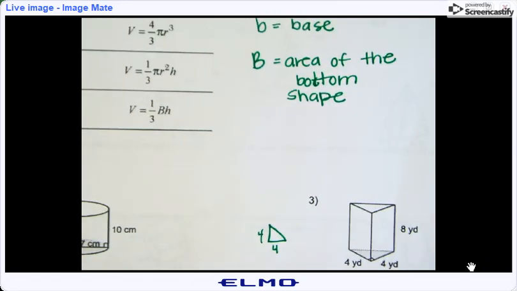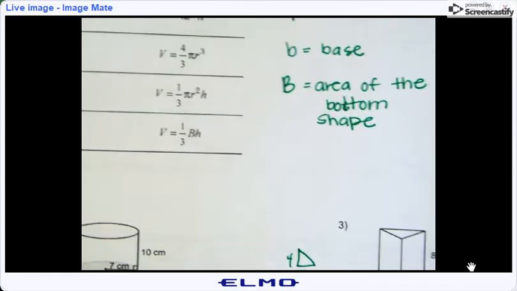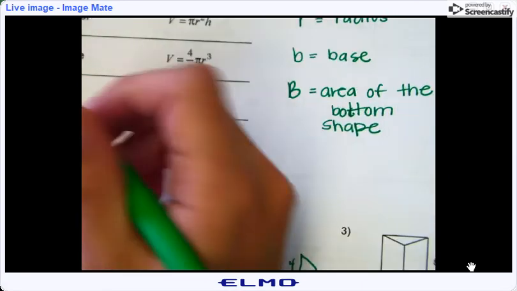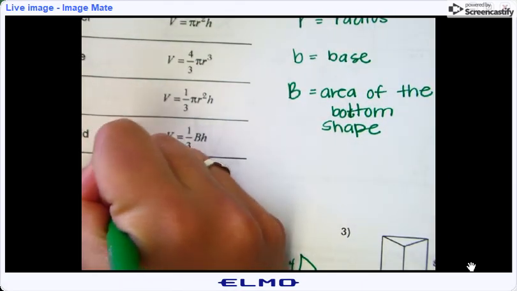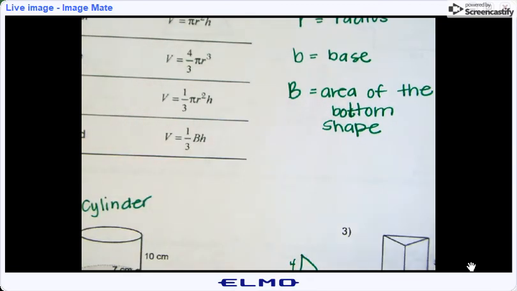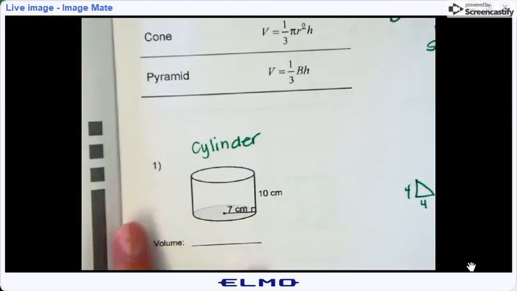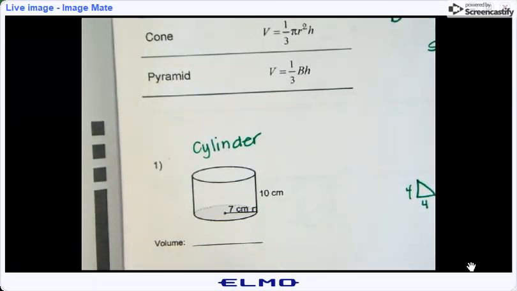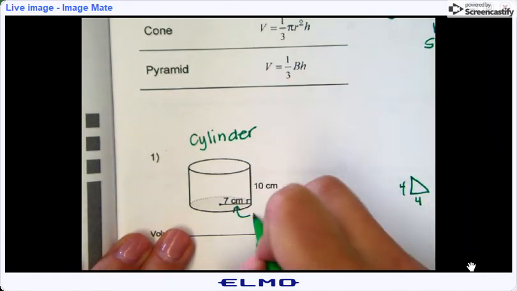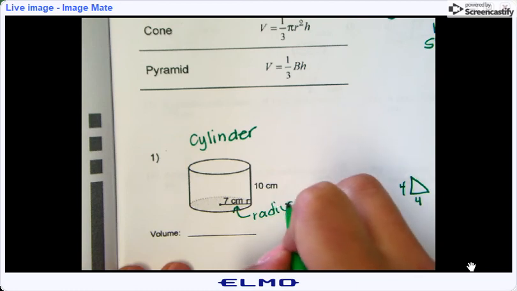Okay, so those are just a couple things you need to know, and as we work through these examples here, you'll be able to kind of see this. So if you look, this one here is a cylinder. Cylinders have circle bases, so it kind of looks like a can of soup or something like that. So if you look, this is the radius here, and then this is the height.